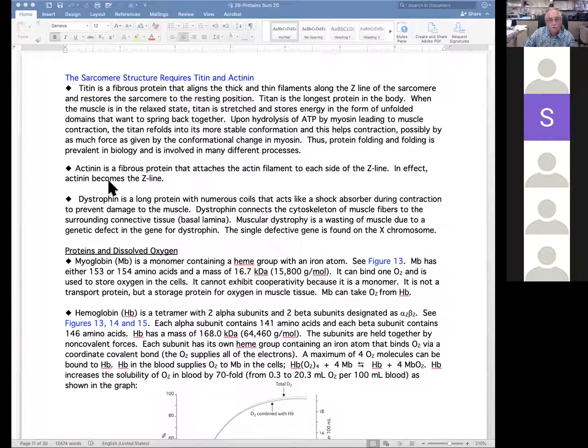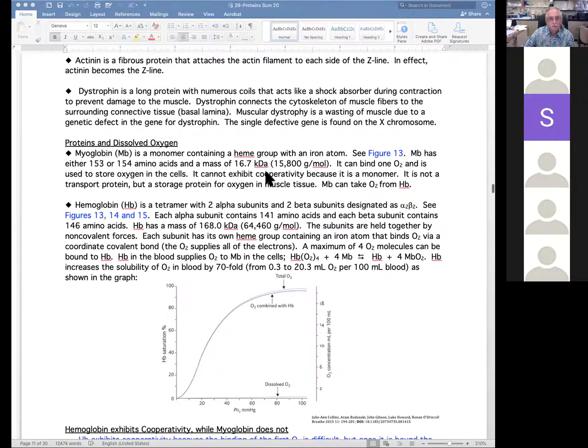So a couple other things, and I showed you some complex pictures, which you'd never be responsible for drawing or anything. And here's another disease, muscular dystrophy. It's where the muscle gets destroyed because it has a defect in the gene for dystrophin. Okay?